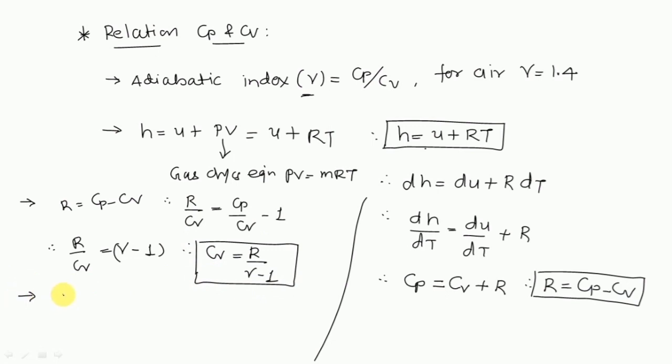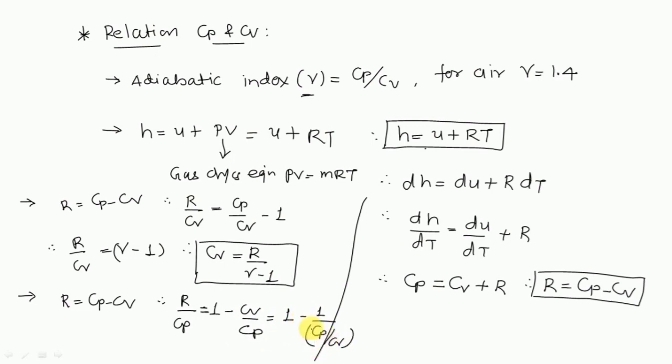Next, R is equal to Cp minus Cv. Divide this equation by Cp. So R upon Cp is equal to 1 minus Cv by Cp, which is 1 minus 1 upon Cp by Cv.